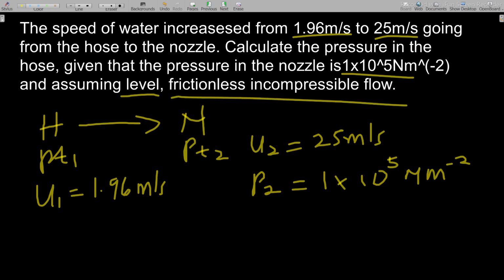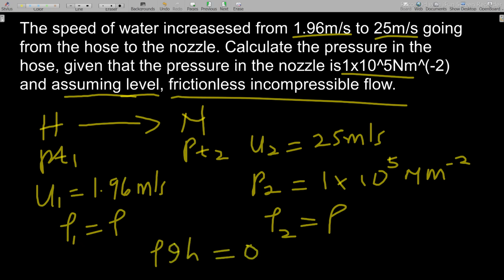With a frictionless incompressible flow, if you remember the flow phenomenon that we did in our second lesson in our discussion of fluid dynamics, we said that for incompressible fluid, density does not change. So from point 1, ρ1 is the same as ρ2. If ρ1 is ρ, ρ2 is also ρ. We are saying that the pressure due to ρgh, the pressure due to height, is 0.